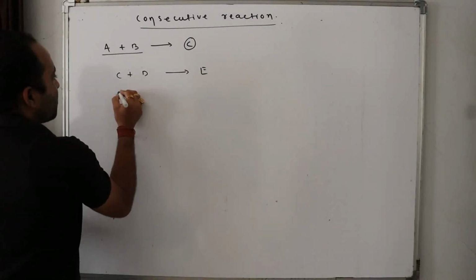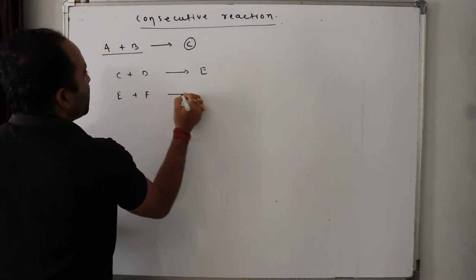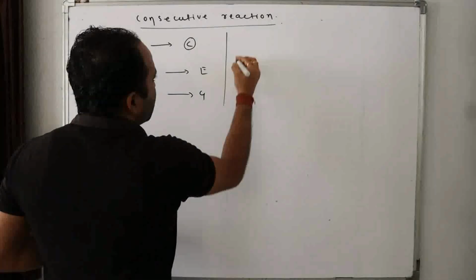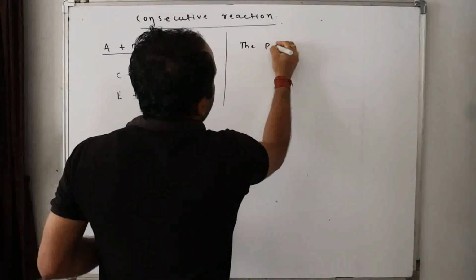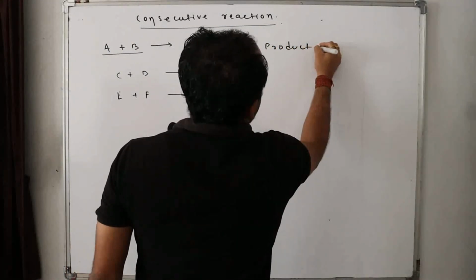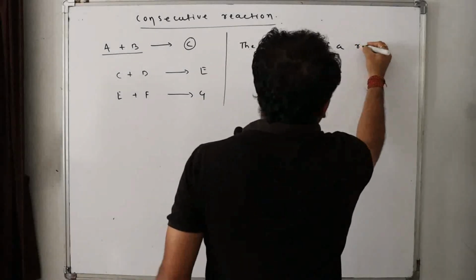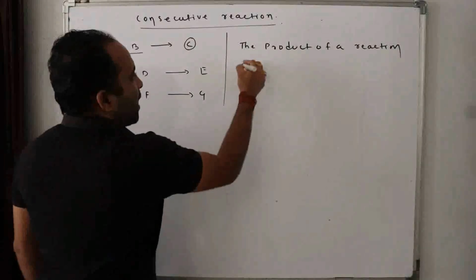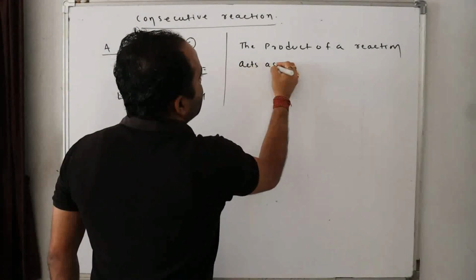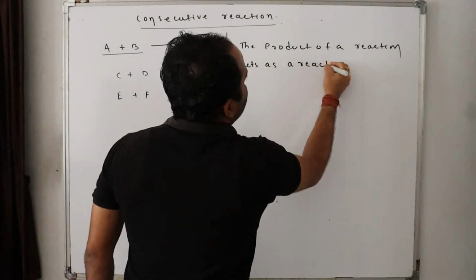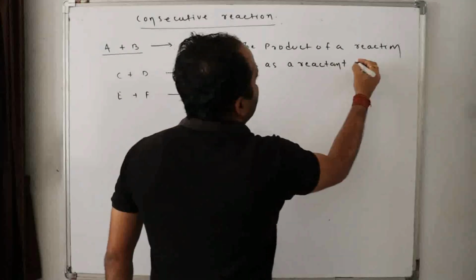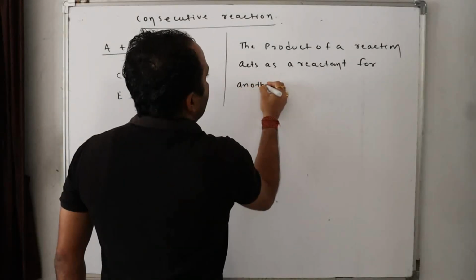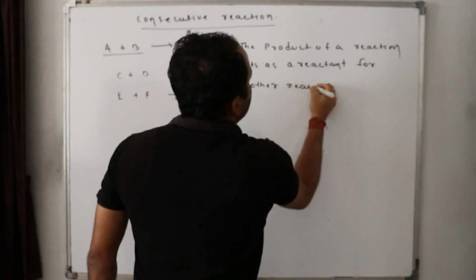And if C reacts with F to give G, then this is called consecutive reaction. It means the product of a reaction acts as a reactant for another reaction.